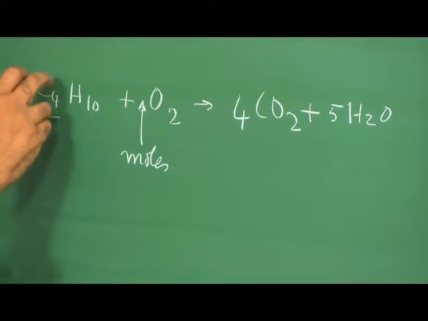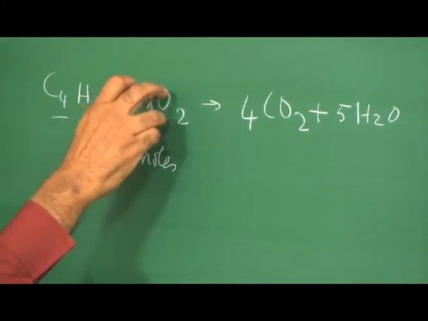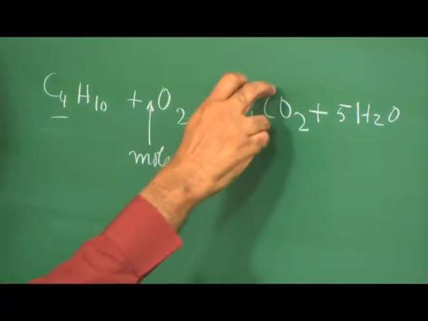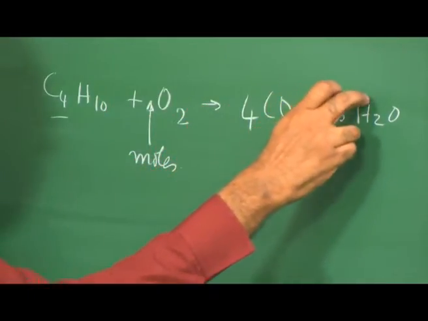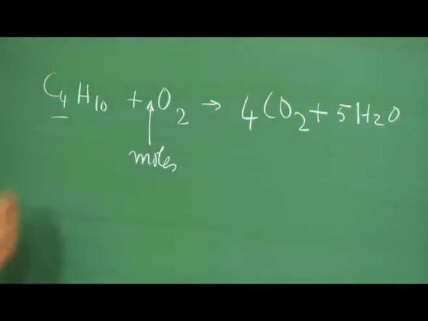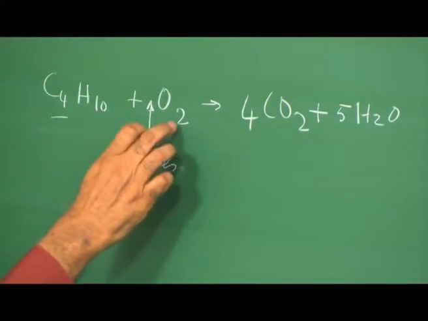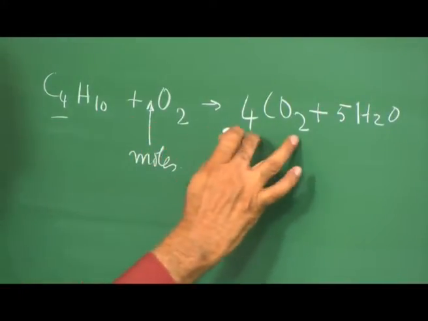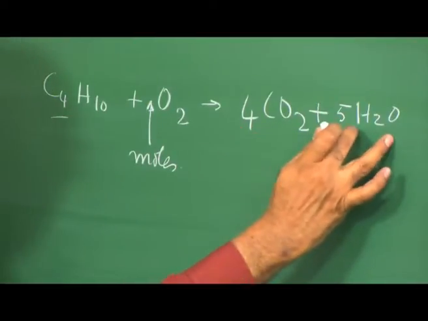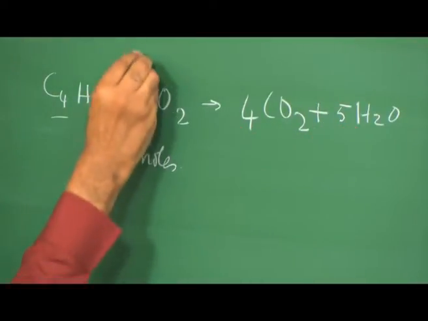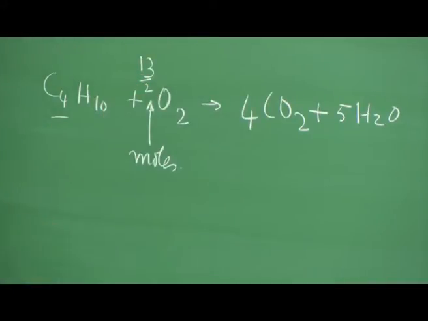That means I have 1 mole reacting with certain moles of oxygen to form 4 moles of carbon dioxide and 5 moles of water. Therefore, if I balance the oxygen atoms, I have 8 over here and 5 over here, totally 13. Therefore, I should have 13 by 2.